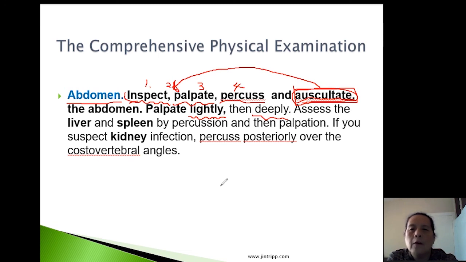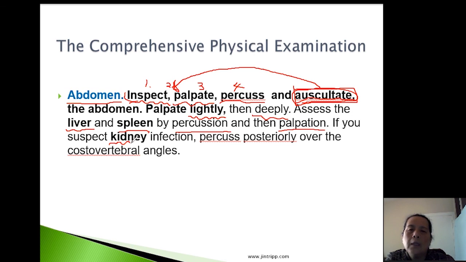And especially, we try to find the organs, liver and spleen. So basically, we check both by percussion and palpation. And the kidney.